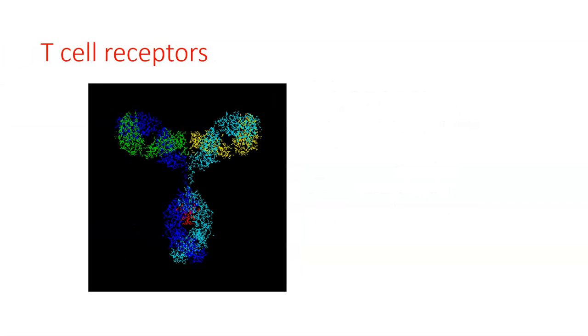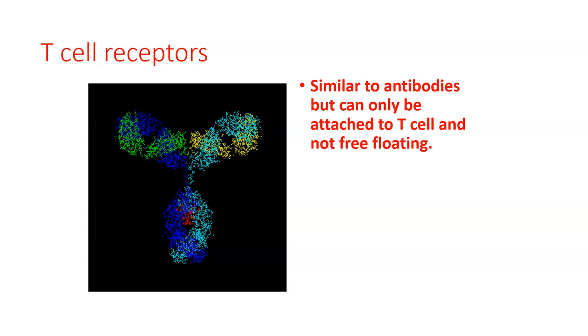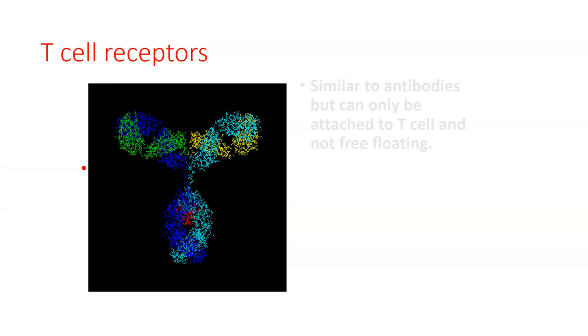T cell receptors are similar to antibodies, and they have the same idea. They have a region that looks like a Y, and at the end of that Y, they have regions of different shapes. The difference is that these T cell receptors are attached to T cells, which is why we call them T cell receptors, not antibodies. They are on T cells, not B cells, and they are not free floating. They can't float around.